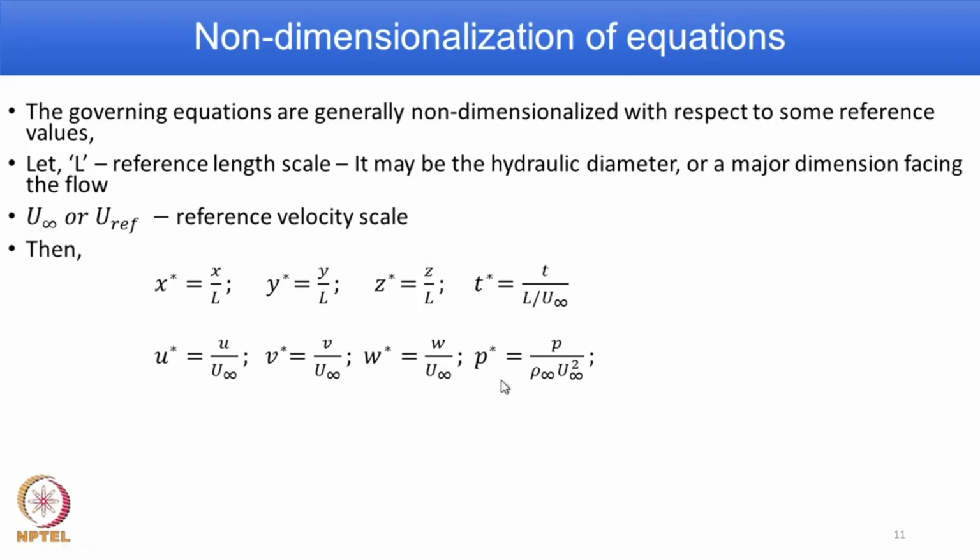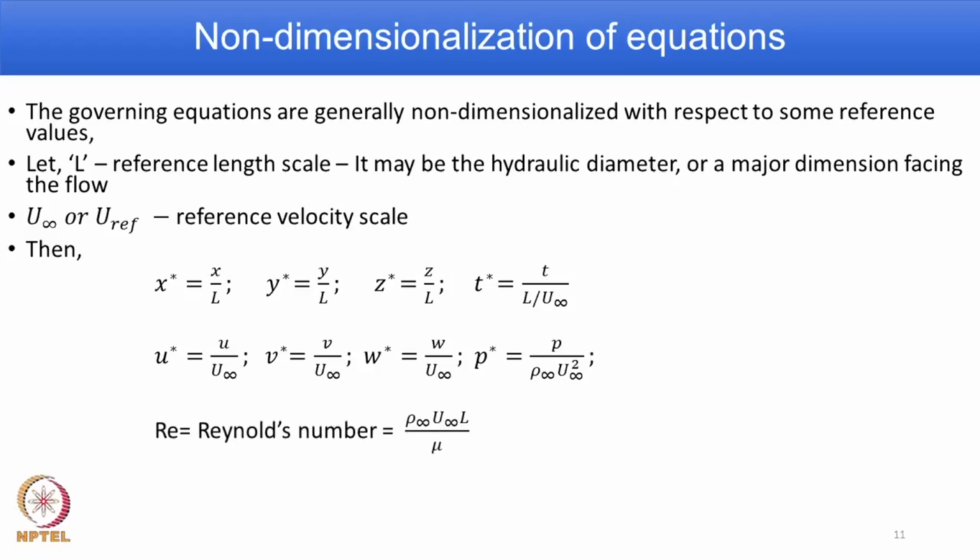Pressure is also another term appearing, and pressure is related to u infinity squared, and you define a reference density. If you take the units of density and velocity squared, you find the product of them has the same unit as pressure. So you are able to non-dimensionalize the pressure term: p over rho infinity u infinity squared results in p star, which is the non-dimensionalized pressure.